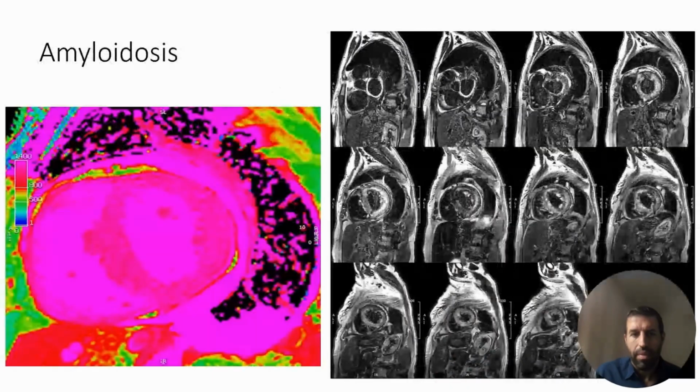And here we can see the very pathognomonic high ECV, extracellular volume. It is very important for early diagnosis of cardiac amyloidosis, as currently we have targeted treatments with excellent results.